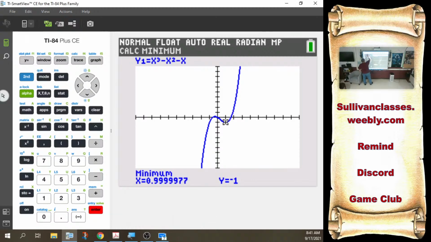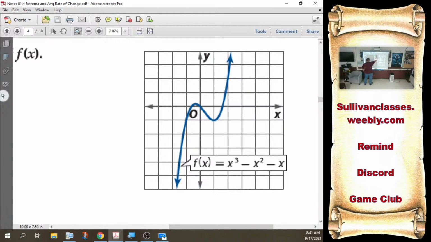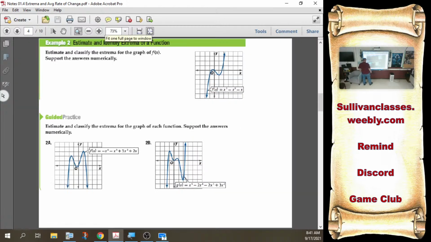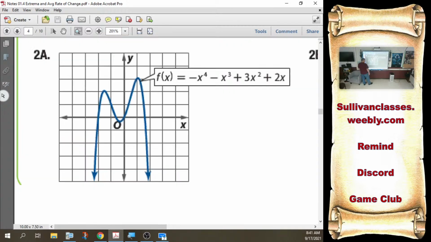Go ahead and find it for real. We are not going to estimate. So let's come down here and find, let's do 2a. Plug it in. There are 3 extrema to this. Never say that there's a absolute minimum at -infinity. Remember, extrema are where it changes from increase to decrease or vice versa.